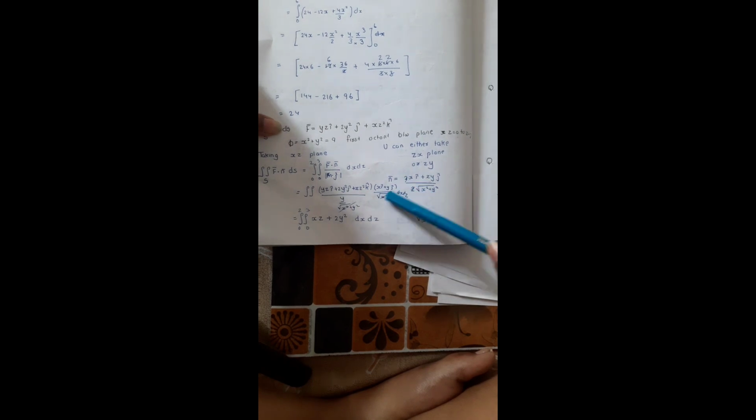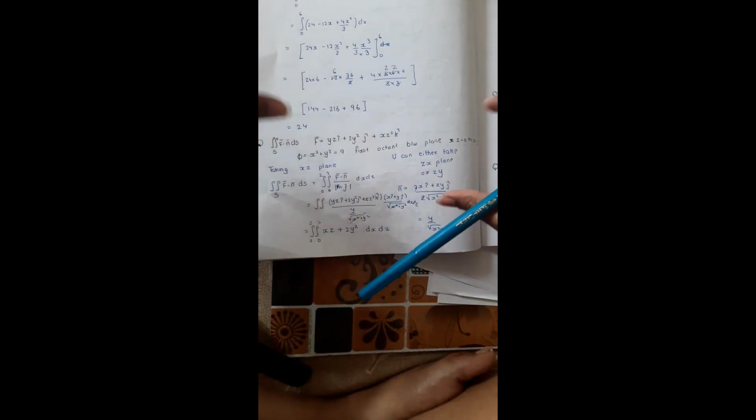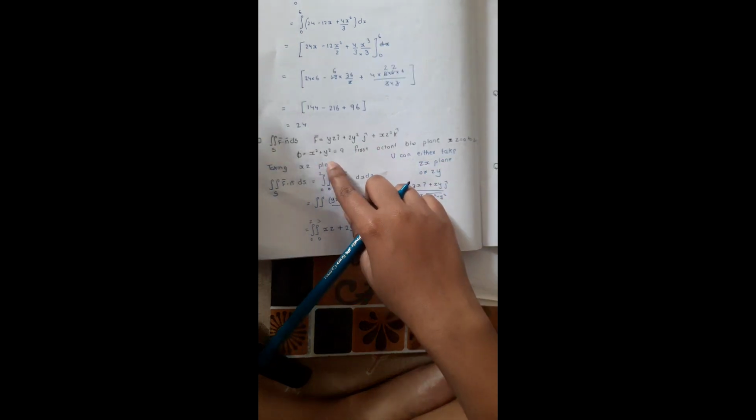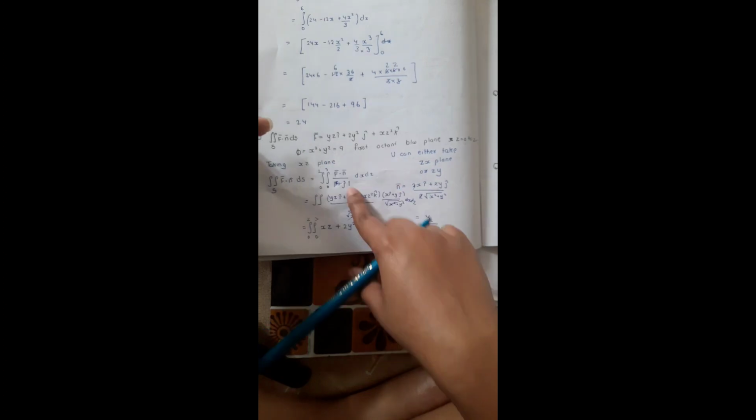Okay, so as I've got this much, then I'm just substituting this, and as I'm considering y, I would be replacing its value. So we are considering xz plane, so y value is automatically 0.